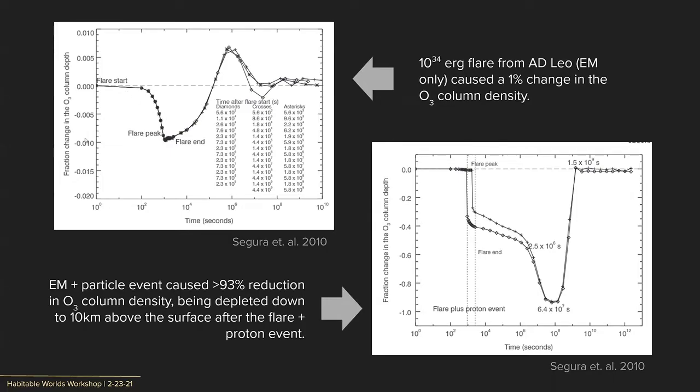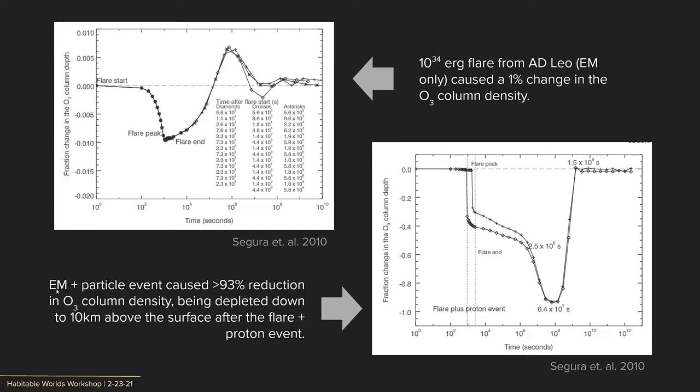This axis shows the fractional change in the ozone column depth. And we can see that by the flare end, the ozone column depth, due to just this electromagnetic flare, only decreases by about 1%. And then after the flare, it jumps up to about 0.5% more than it was originally before evening back out.